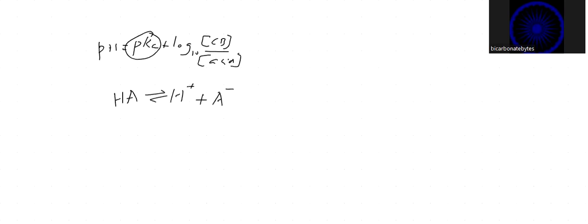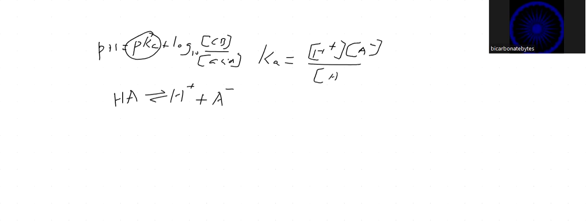Now if you were to write the dissociation constant for that, the dissociation constant Ka would be the product of concentration of the protons into concentration of conjugate base, divided by unionized acid.